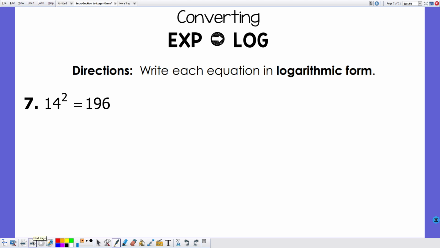But what about in the opposite direction? What if we're in exponential form and we want to convert to logarithmic form? Again, just remember, log base b of a equals x means the same thing as b to the x equals a. So here is our x, here is our b, there's our a.